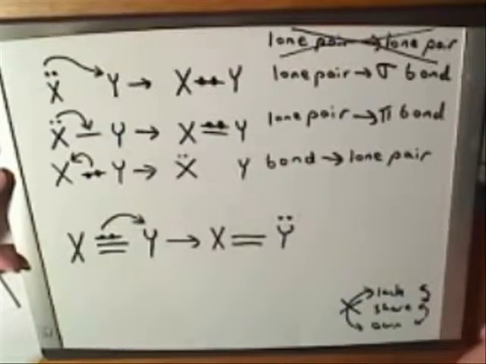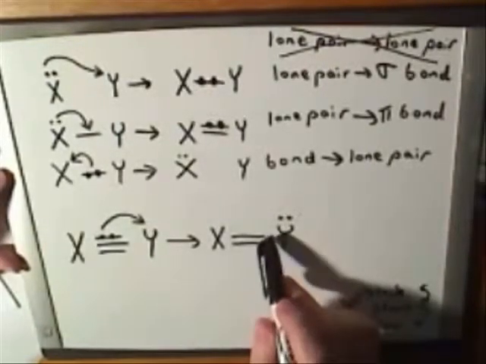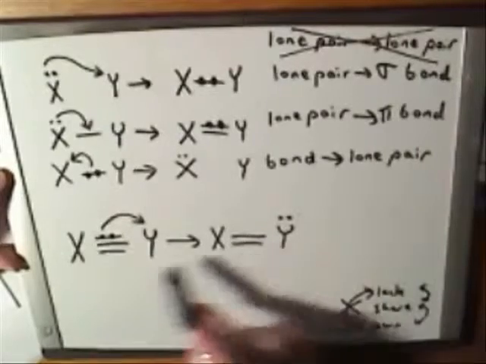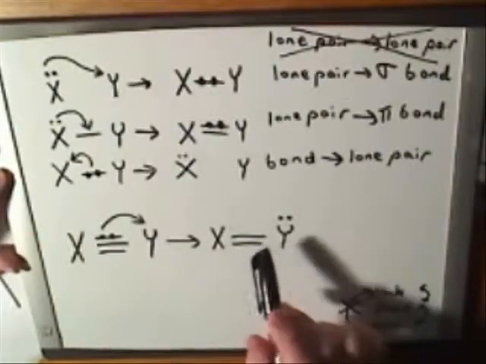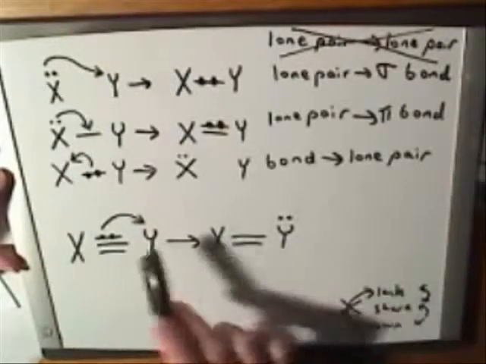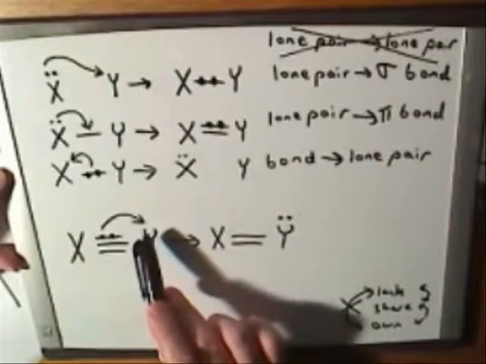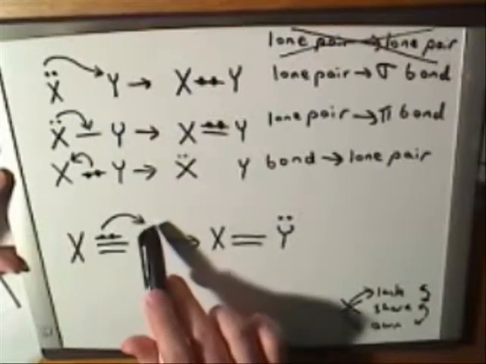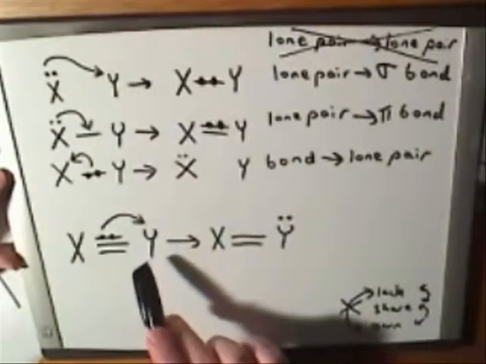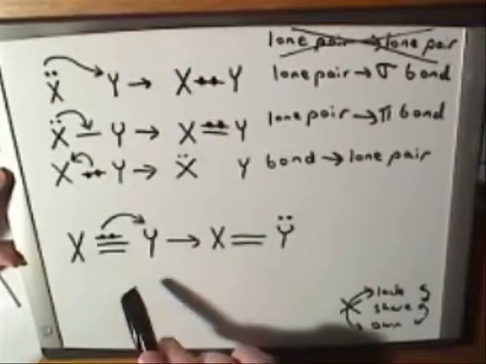So it would definitely be a big mistake to suddenly start erasing either of these 2 bonds over here. We started with 3 bonds, and we are erasing one of them. You don't want to make any unnecessary changes. So each electron-pushing arrow only indicates the movement of 1 pair of electrons. Since this only indicates the movement of 1 pair of electrons, we should only be erasing 1 bond in this case.